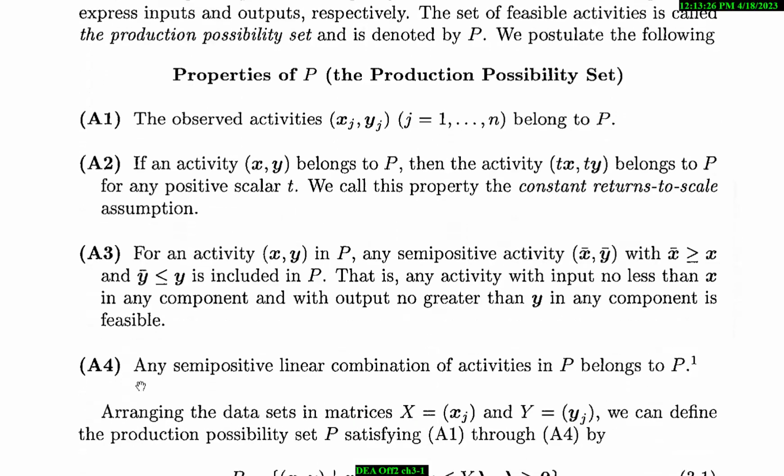The second postulate is if any activity belongs to P, then the activity whose inputs and outputs are multiplied by a positive scalar t also belongs to P. We call this property the constant returns to scale assumption.